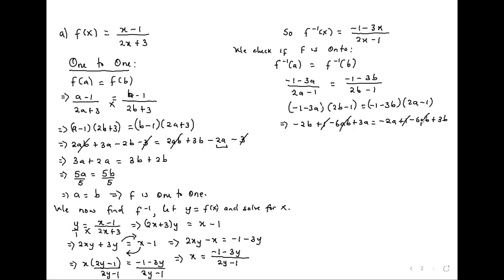Then we'll move A's to the left. So we'll have 3A plus 2A is equal to 3B plus 2B, giving us 5A is equal to 5B, which implies that A is equal to B when you divide by 5.